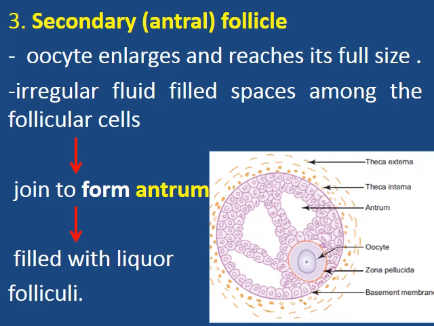Irregular fluid-filled spaces among the follicular cells appear and they join to form antrum. The antrum is filled with liquor folliculi. In this picture you can see the antrum. The oocyte is there with zona pellucida. The outermost connective tissue becomes theca interna and theca externa.